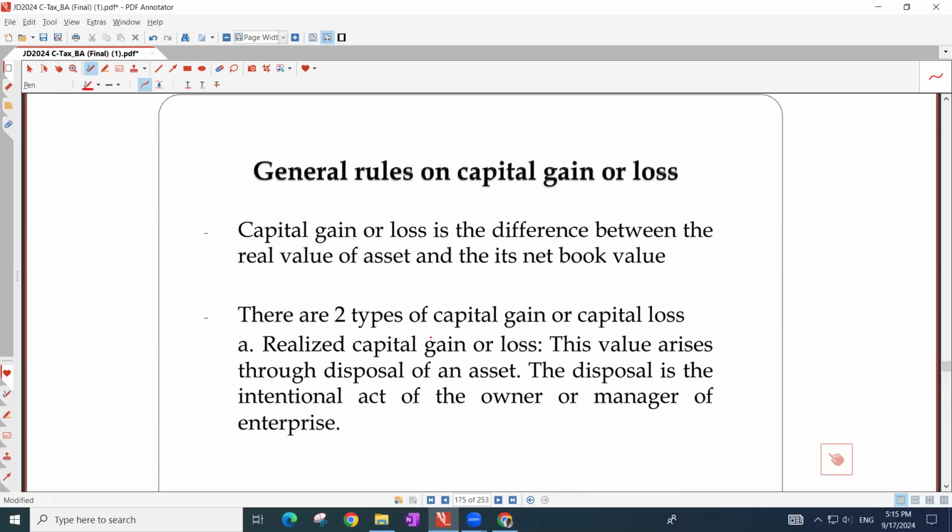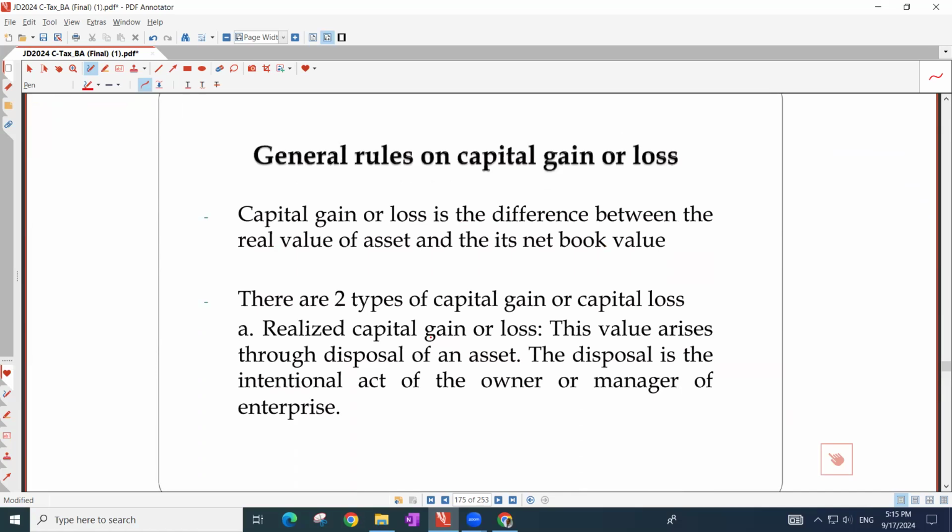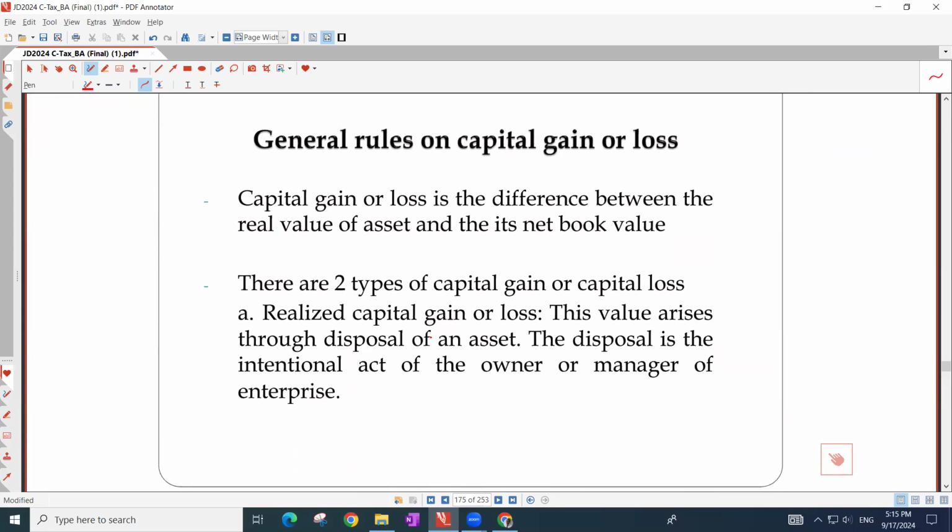Okay, next one, we learn how to calculate capital gain based on tax law. Yeah, we know how to calculate based on accounting, right? I believe that you know, but tax law also has a rule on how to calculate capital gains. Because if we use tax law to calculate capital gain, if we gain, we pay tax. If we lose, we can claim as deductions. So the general rule is that capital gain or loss is the difference between the real value of assets and its net book value.